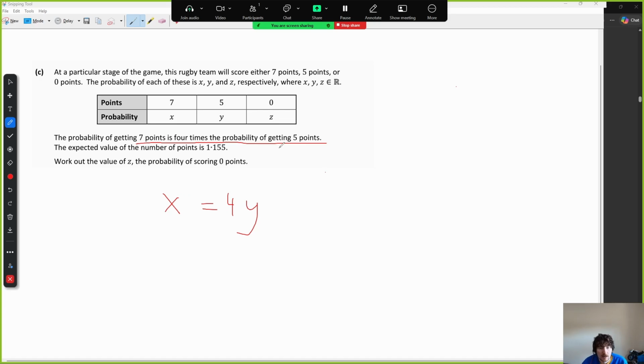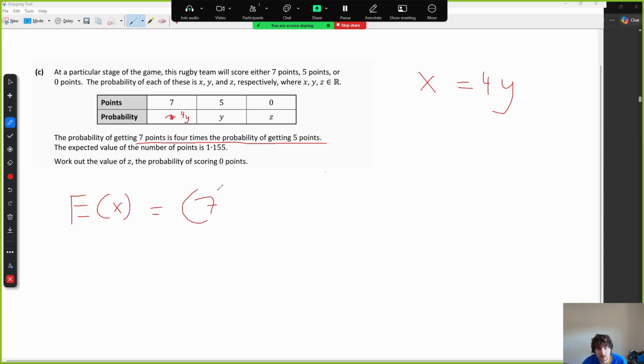Okay. Right, so then when you get information like that, always important to update your table. All right, update your table like that. Work out the value of z, the probability of getting, oh yeah, so then it tells us the expected value. So we'll write out our expected value thing. E of x, we call it. Expected value is, so maybe not the best name in this question because x is already taken, but we'll roll with it anyways.